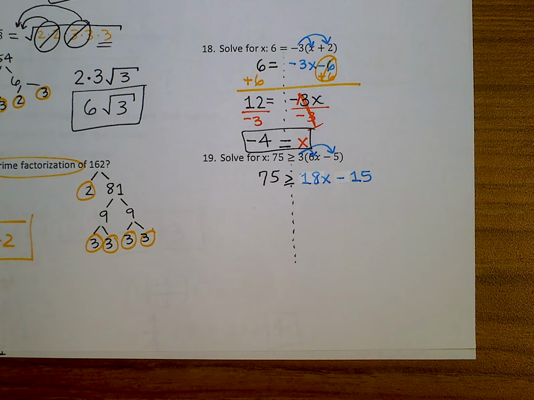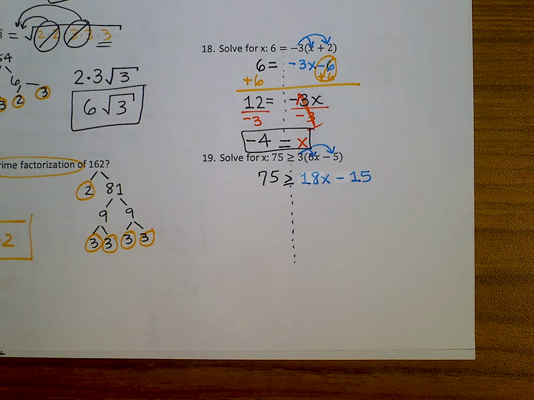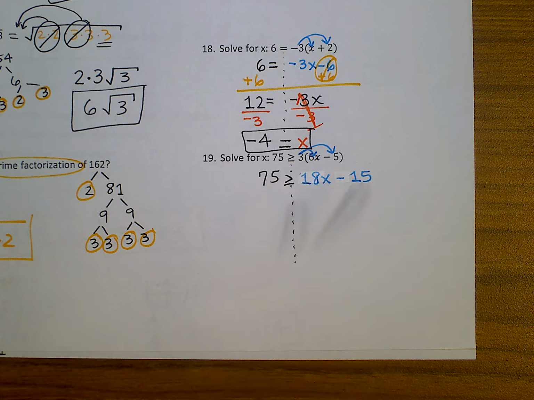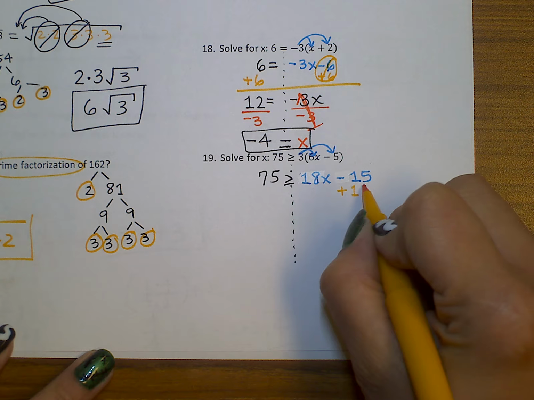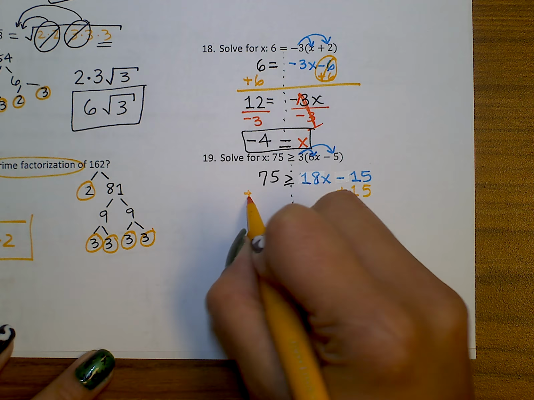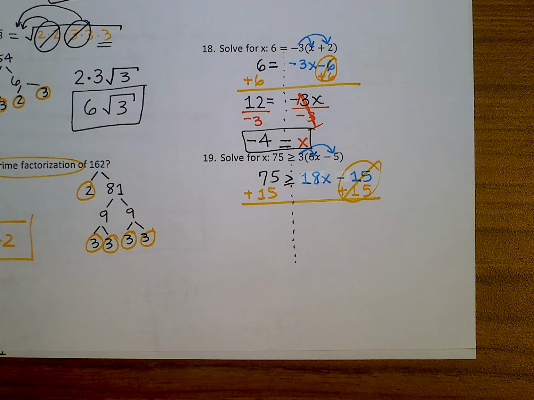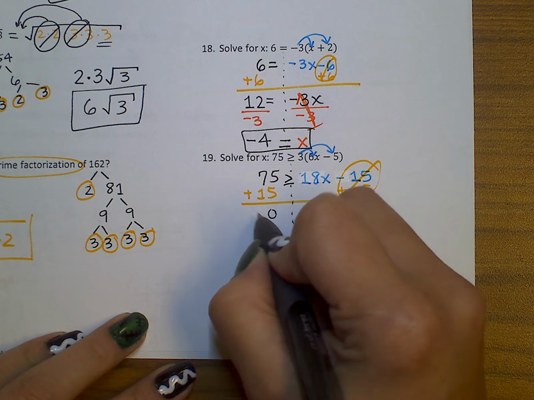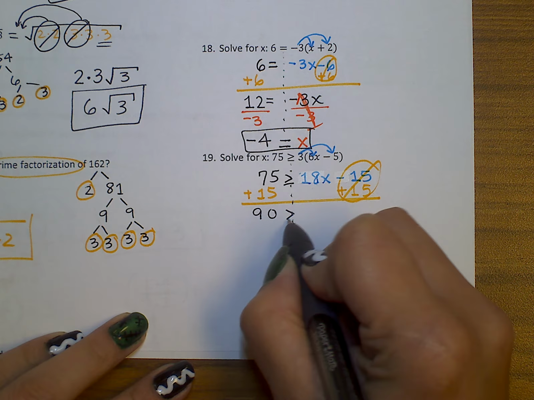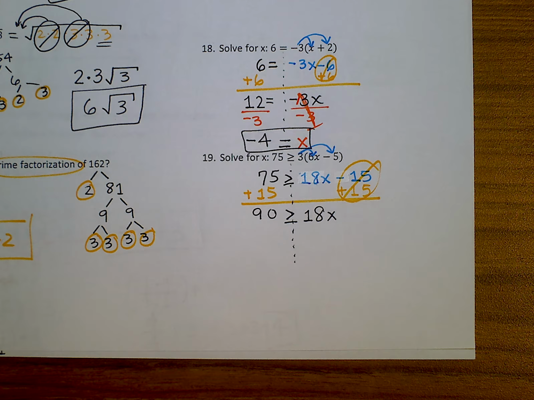All right, now, do I have like terms? No. Do I have variables on both sides? No. So I get to move on to removing my constant using the inverse operation. So now that gives me 90 and 18x.